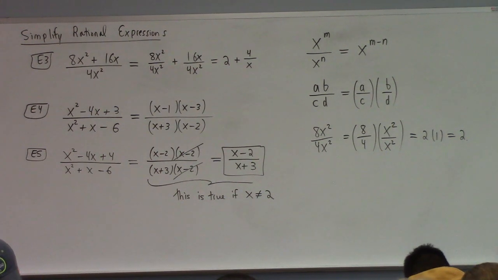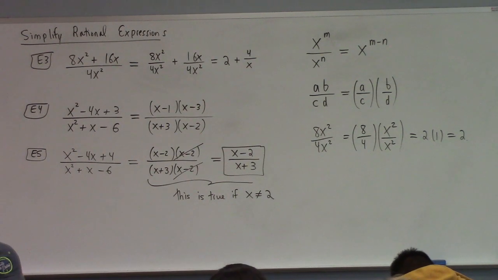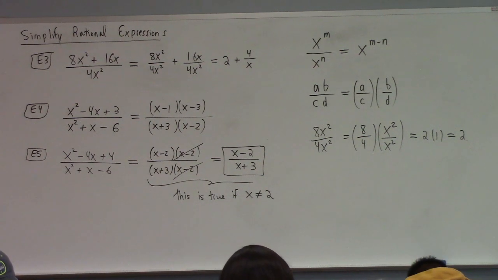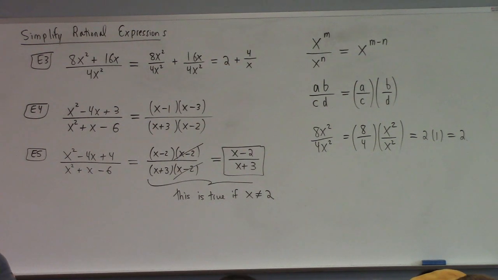Example 7 will be y cubed plus y squared divided by 7, multiplied by 49 divided by y to the power 4 plus y cubed.